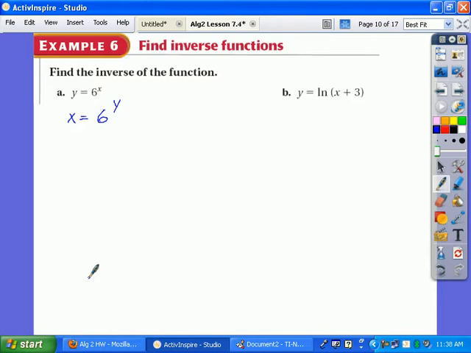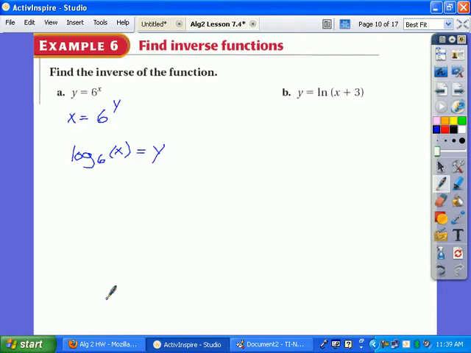So let's do that. So I get log base 6 of x equals y. So all I did, step 1, I switched x and y. Step 2, I wrote from exponent form to logarithm form, and this is the inverse.